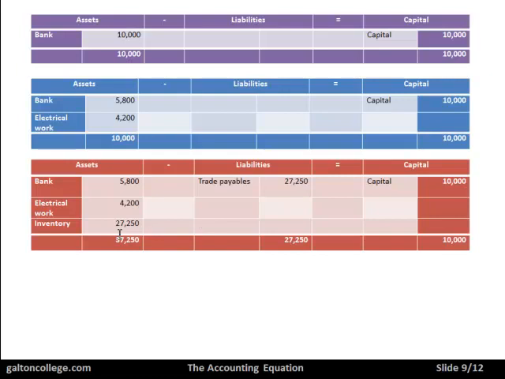So he owes it, but he's got it. He still has his 5,800 in the bank, and his electrical work is still there. Now if you tot up his assets, they come to £37,250. He owes 27,250, and of course the difference between those two is his capital, £10,000, which is what he put in at the start.